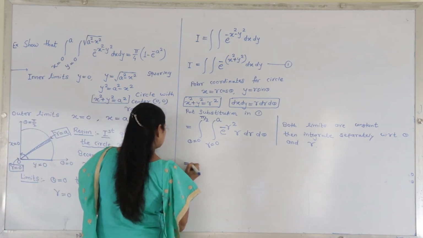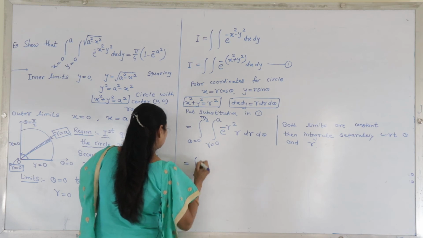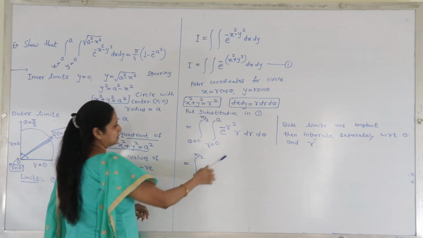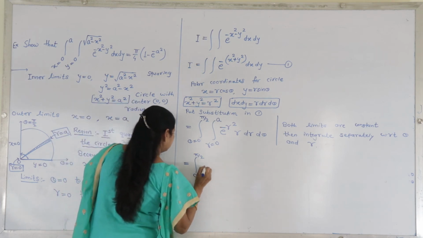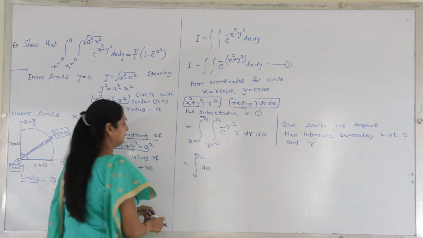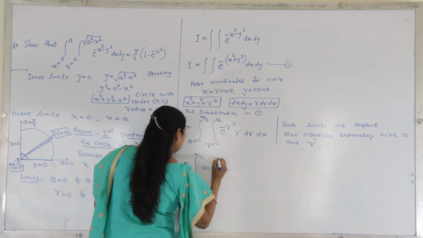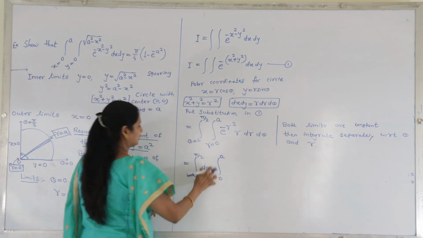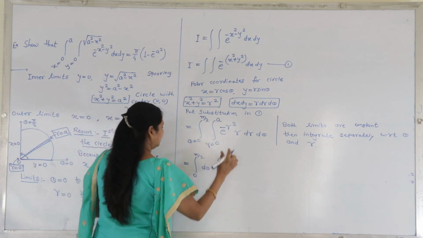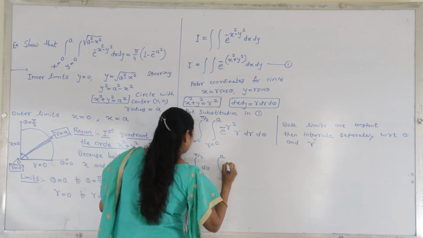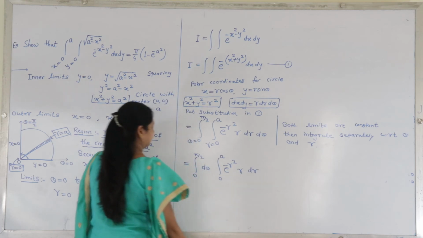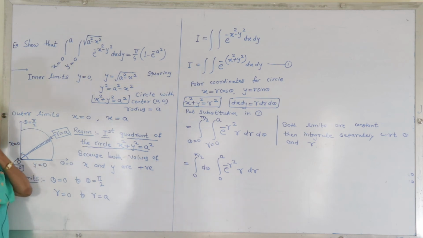Separately means limits from 0 to pi by 2 is the limit of theta, and the theta term is only d theta, no other theta term. And separately, the limits of r, take the terms of r in limits of r from 0 to a, the terms of r: e raised to minus r square r dr.